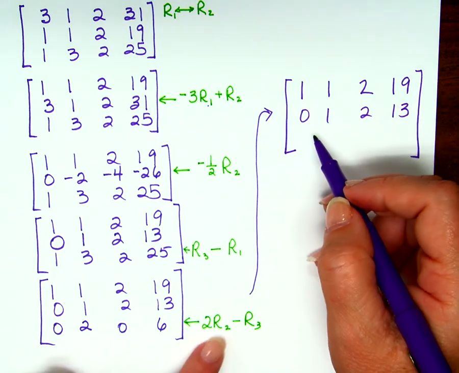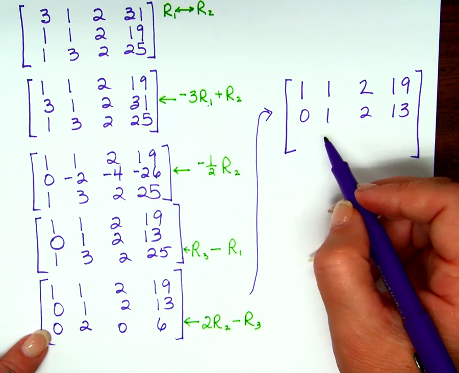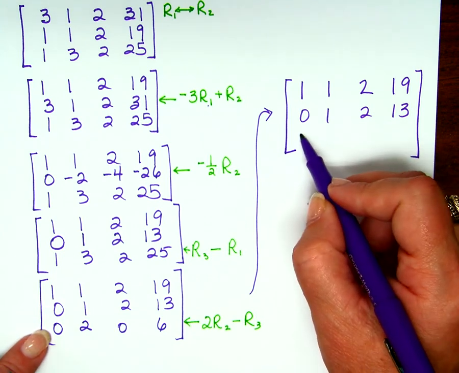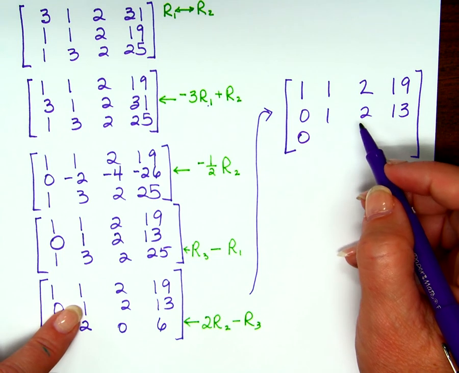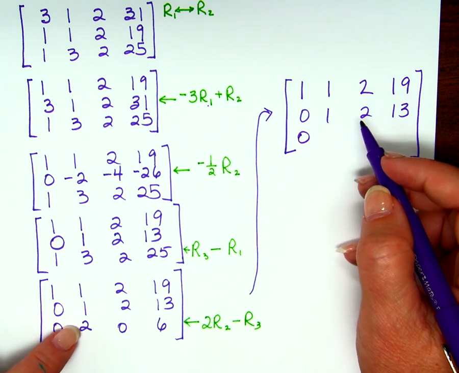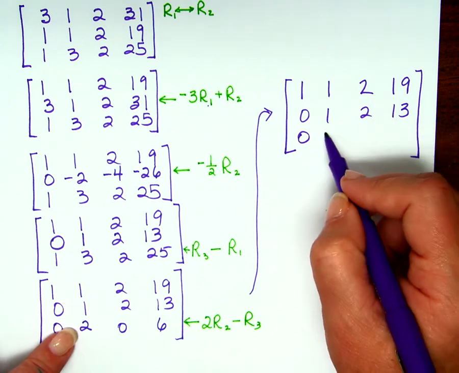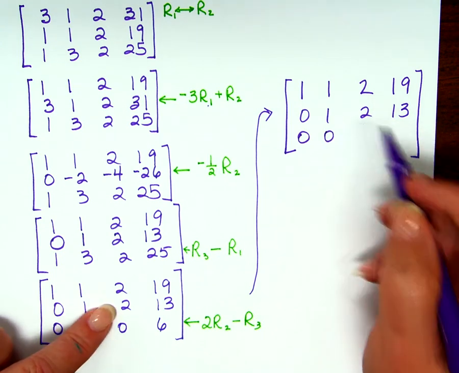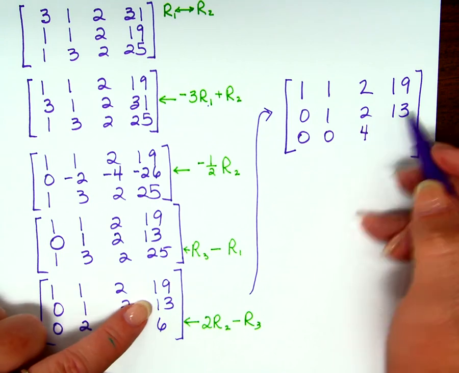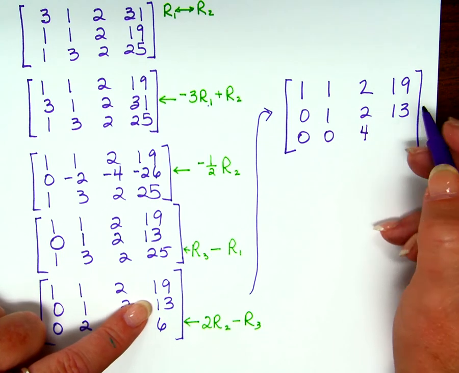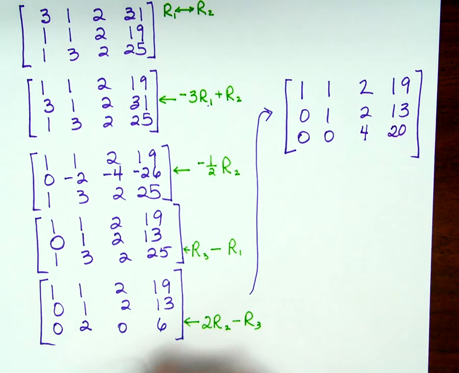So multiply row 2 by 2. 2 times 0 minus 0. Yeah, still 0, right? 2 times 2. 1 times 2. 2 minus 2. 0. Now 2 times 2. Minus 0. 4. 13 times 2. Minus 6. 20.